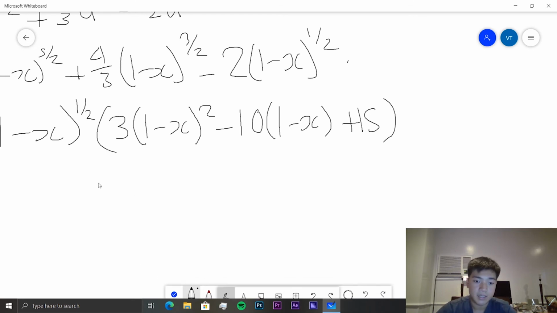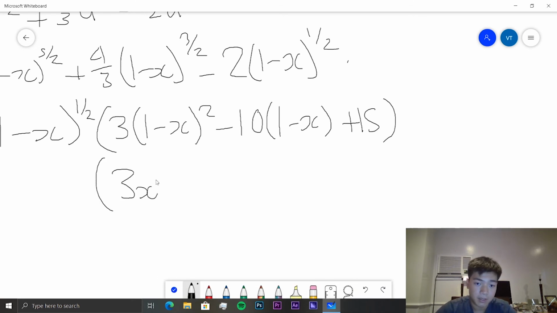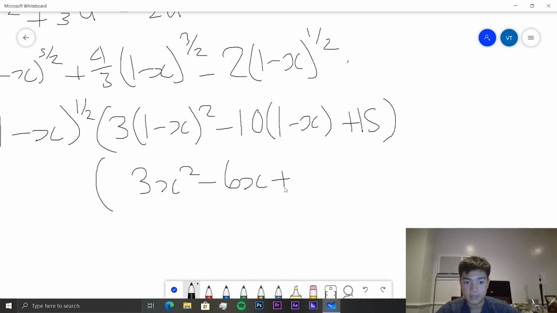So let's just check this part. This is equal to 3x squared, oh sorry, no. So this would be 3x squared minus 6x plus 3 minus 10 plus 10x plus 15.